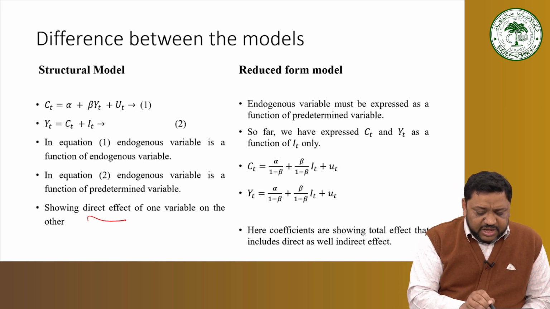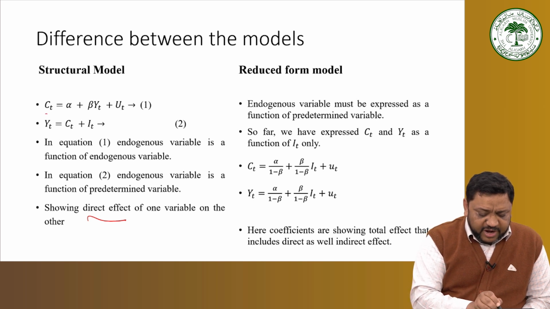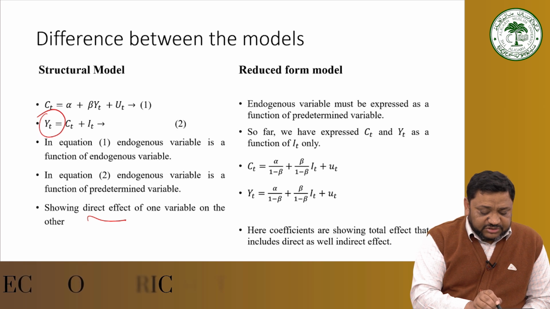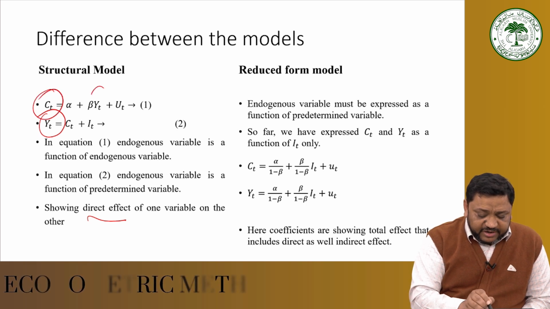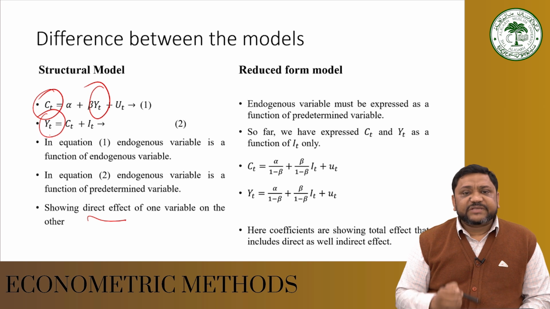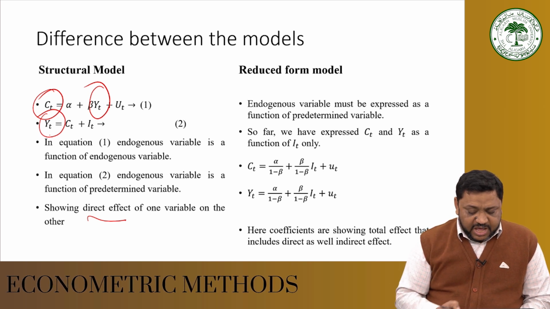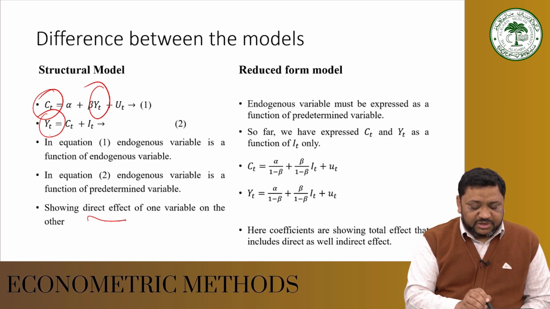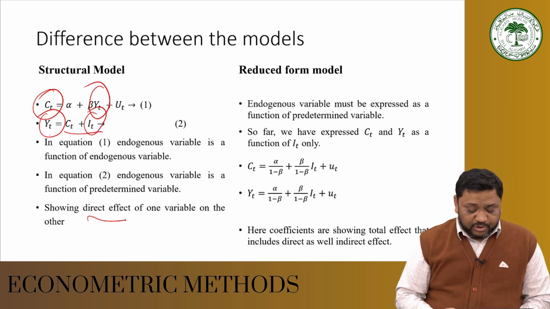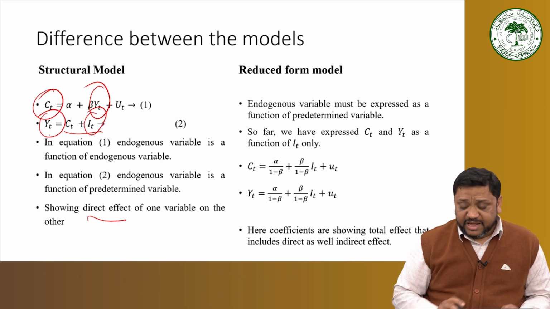In the structural model, the endogenous variable yt is present as a function of an endogenous variable itself. This yt is also endogenous in the same system of equations. And in the second equation, the endogenous variable is a function of a predetermined variable. So here we are getting the direct effects.